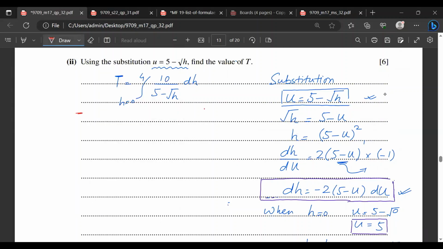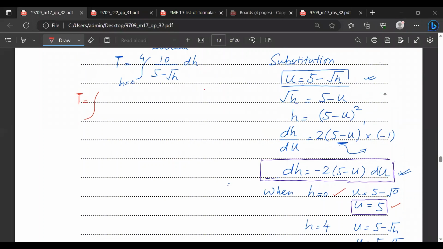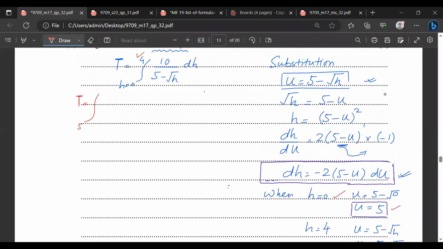Therefore, t is equal to the integral from 5 to 3, these are the values of u. 10 over 5 minus root h can be replaced by 10 over u, and dh can be replaced by minus 2 (5 minus u) du.